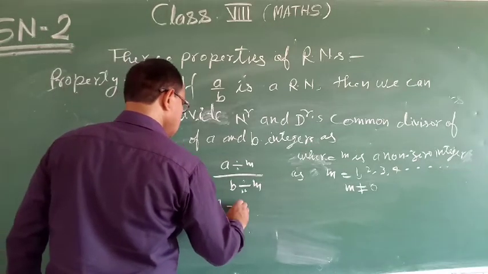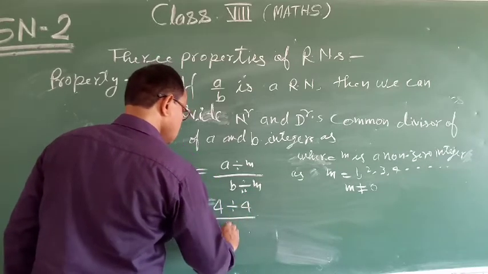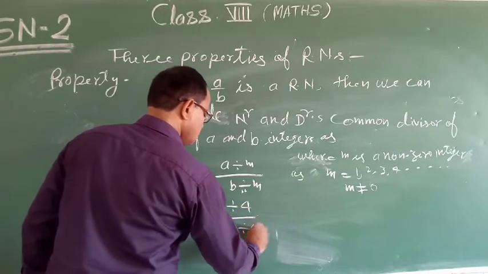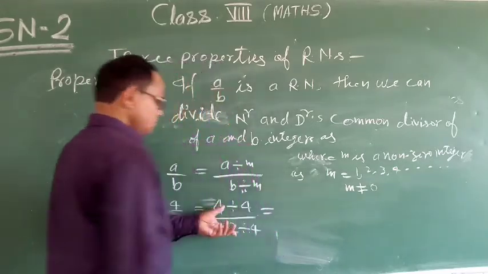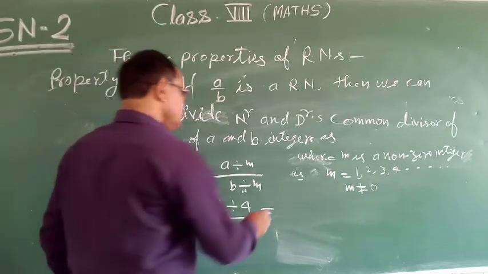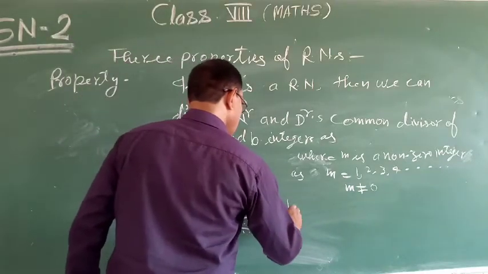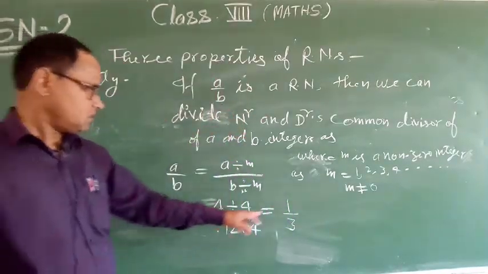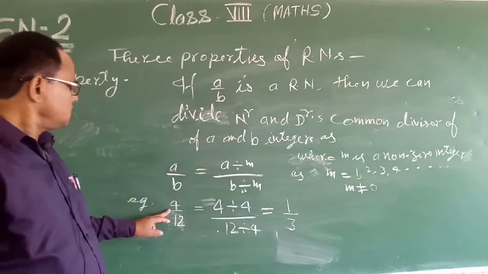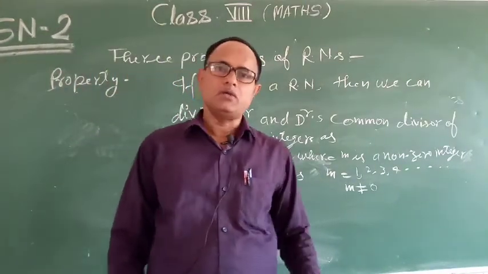Then divide numerator and denominator by 4, and after solution we get 1/3. Thus 1/3 is the equivalent rational number of 4 by 12. Okay, student?